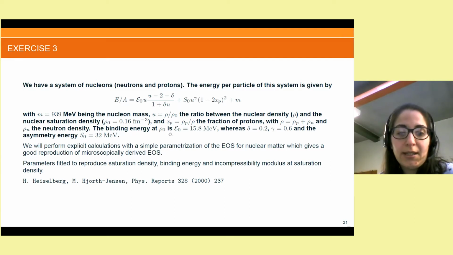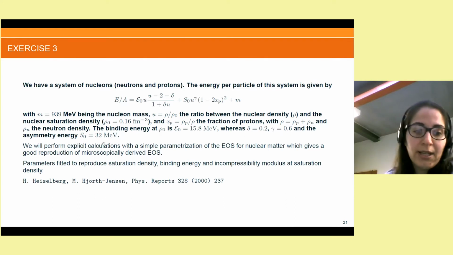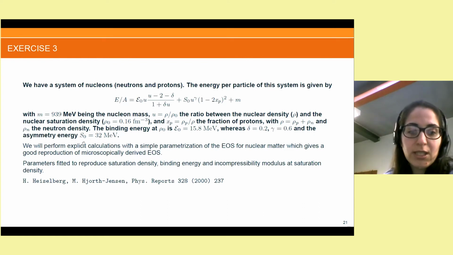And we also have this parameter here, E0, which is the binding energy at saturation density, and it is 15.8 MeV. There are also two other parameters, delta and gamma, which also have given values. And there is this asymmetry energy, which is 32 MeV.